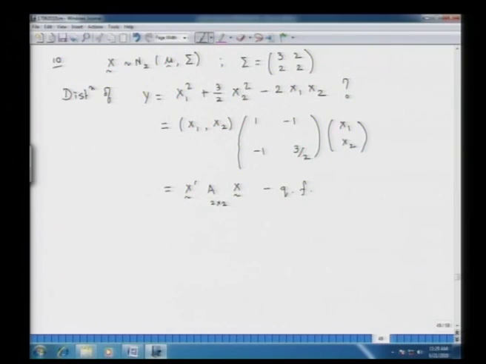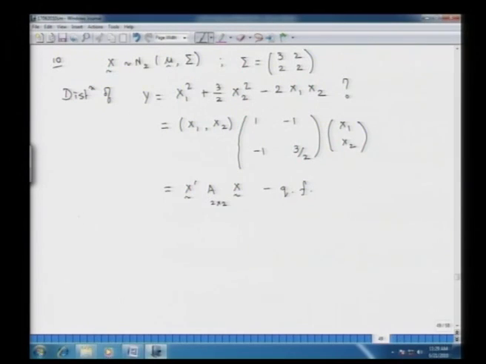Now remember the type of result that we had proved in theory, which I'll put in a bracket to recall.